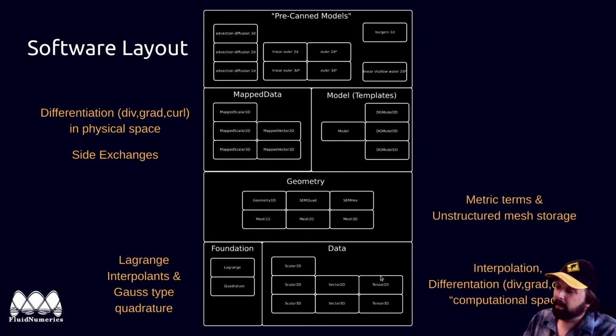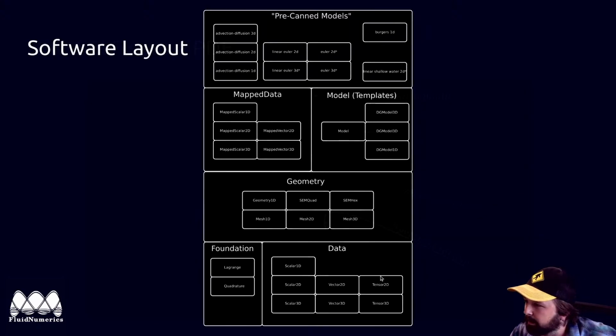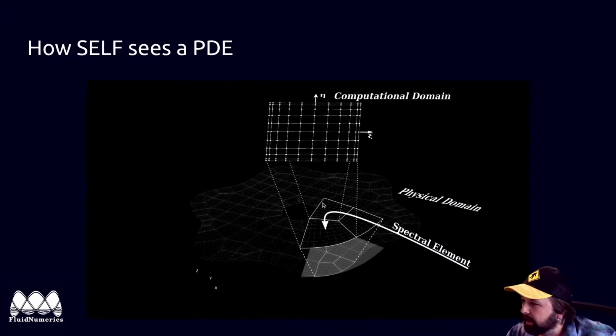This is also where we store classes to do side exchanges. And what I mean by a side exchange, if I go back to my mesh picture here, in this little zoomed in portion, this element on the left shares an edge with this element on the right. And if I were to compute momentum fluxes between these, I need to know who's neighbor.